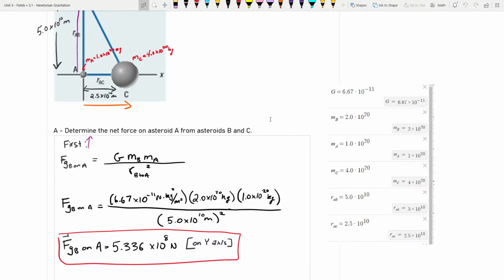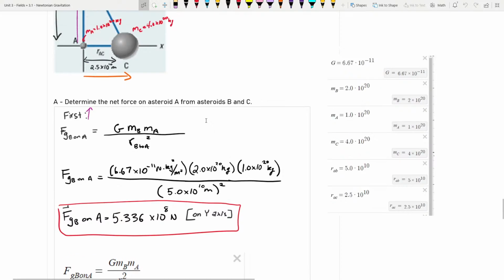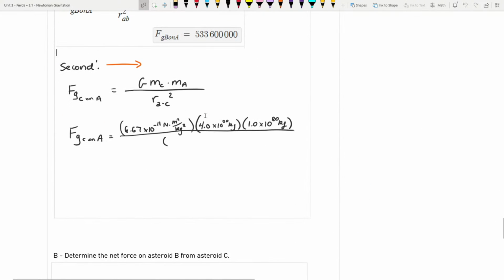And the mass of A, we said, was 1.0 times 10 to the 20 kilograms. And we're going to divide that by the radius between them, which in this case is 2.5 times 10 to the 10 meters. And we're going to make sure we square that.